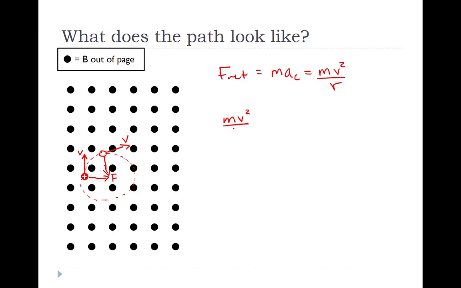So mv squared over r will equal charge times speed times field. Remember, sine of 90 is 1. And now I can solve this for the radius of the circle. R equals mv divided by qB. This process of a charge moving in a circular path in a magnetic field is the basis of a mass spectrometer.